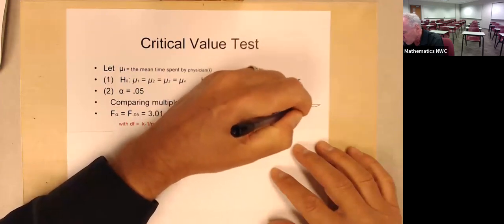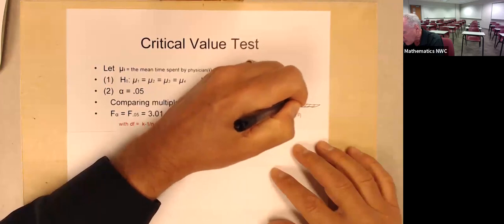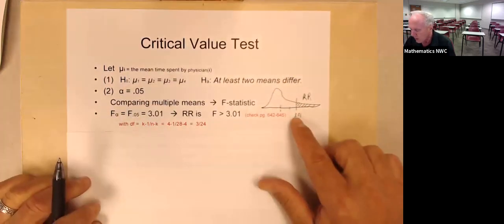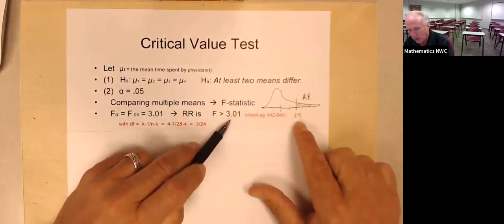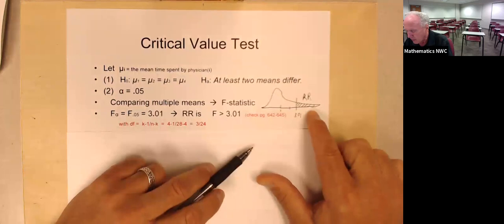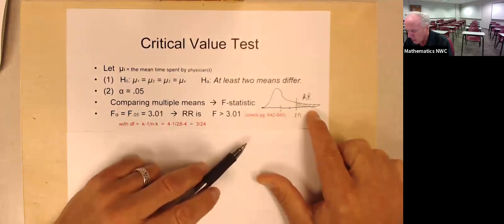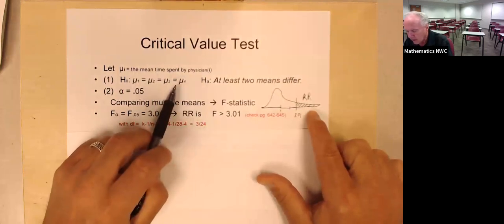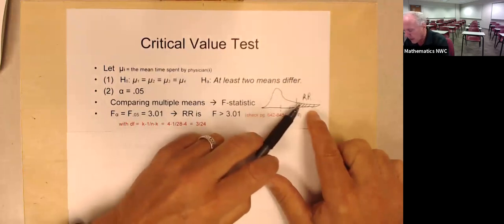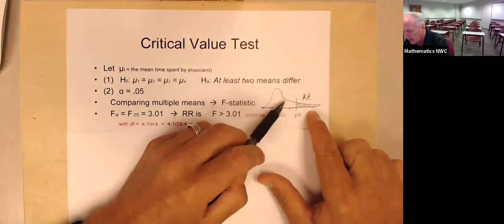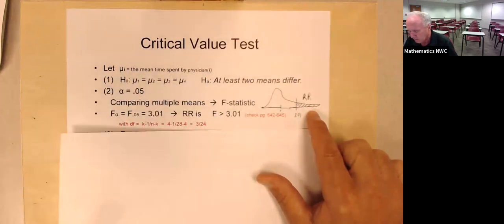So this becomes my rejection region. If F is greater than that 3.01, that's my rejection region. You will never have a two-tailed test for an ANOVA like this. It's always single tailed because it's not symmetric.